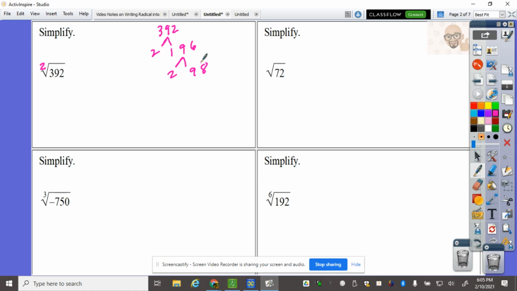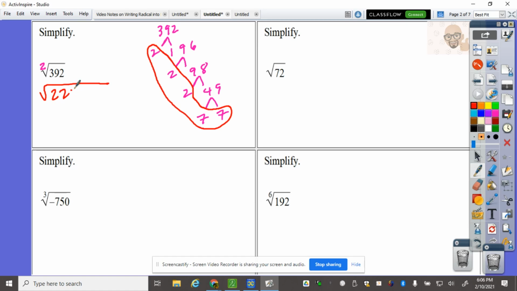If I divide 98 by 2, I'll get 2 and 49. And I can break down the 49 into 7 and 7. Again, we will write all our prime numbers here because 7, 7, 2, 2, 2 are already prime numbers. There's nothing more you can do about it.